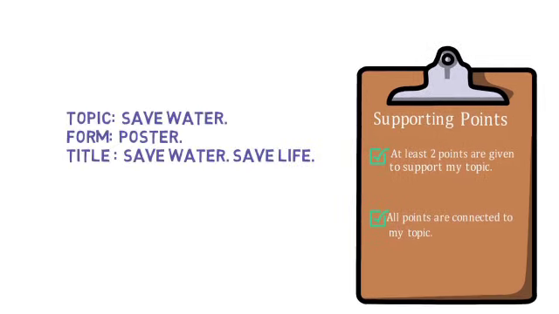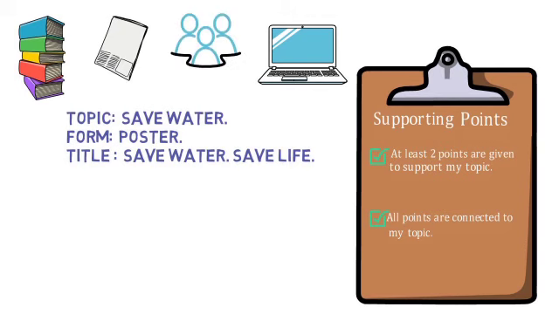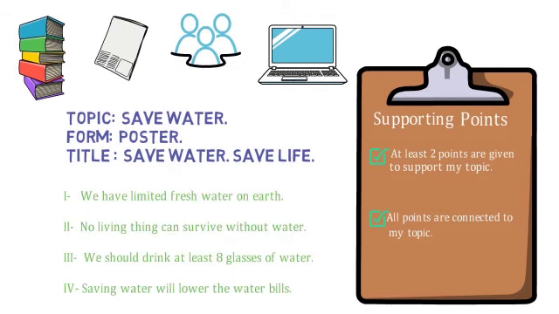First, we must find strong points by researching. We can find good information from the internet, books, newspapers, and even from talking to different people. Now I need your help again. Can you help me please decide which of these 4 points will make a good argument for my topic?